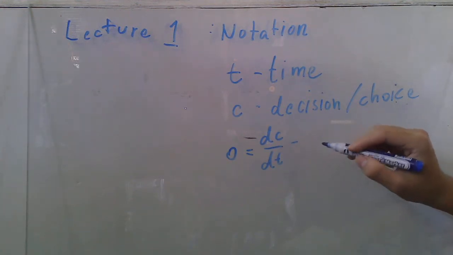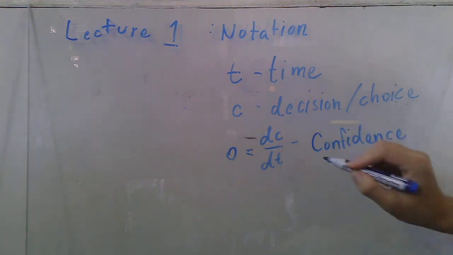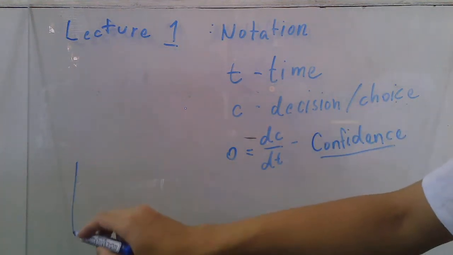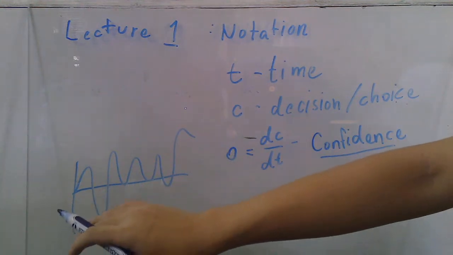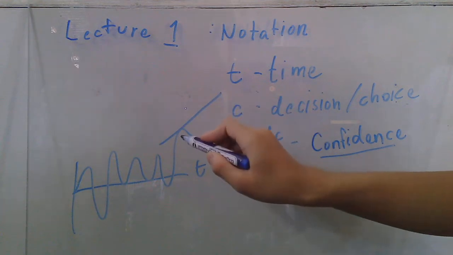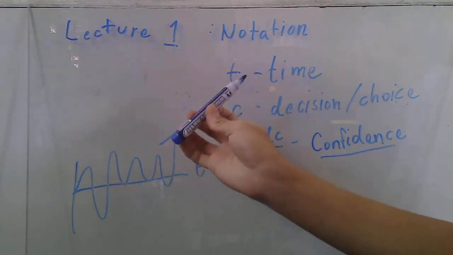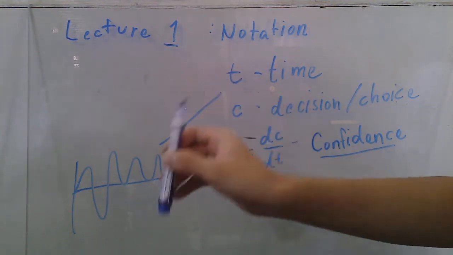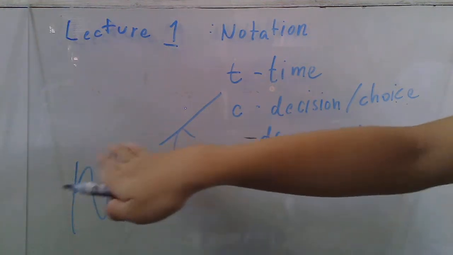It's the confidence. The confidence is basically the rate of change of decision with respect to time. If we have the decision interval that describes the decisions made over a certain period t, the slope of the line tangent to it is the confidence of the person. If it's positive and going upwards, then that person is inclined towards the gender described by this extreme here.